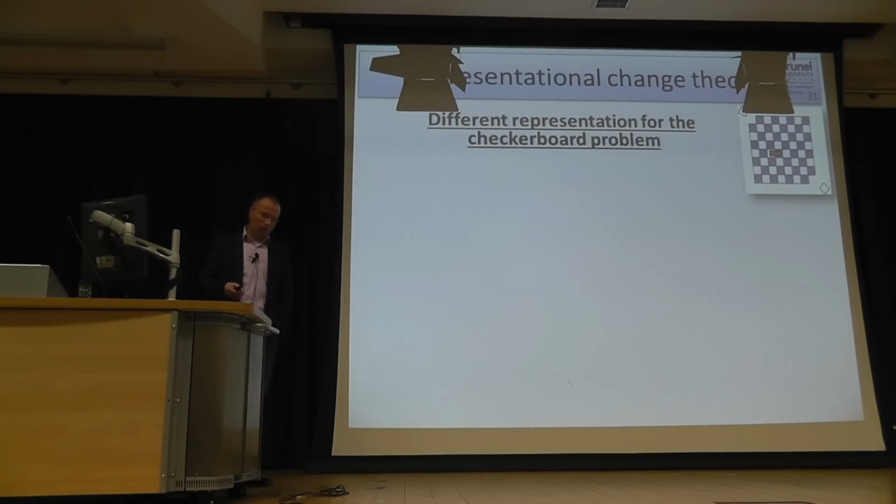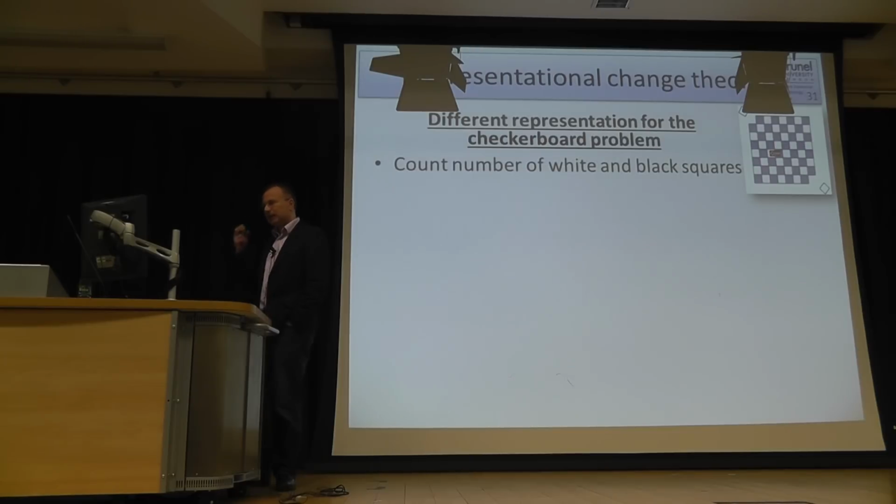So when you try to think about it differently, on a different representation, you could start with counting the number of white and black squares. When you look at that example, we have originally 64 squares. 32 are black, 32 are white. Now what we are doing when we take away the opposite corners is we take away 2 white squares. So we are left with 30 white and 32 black squares.